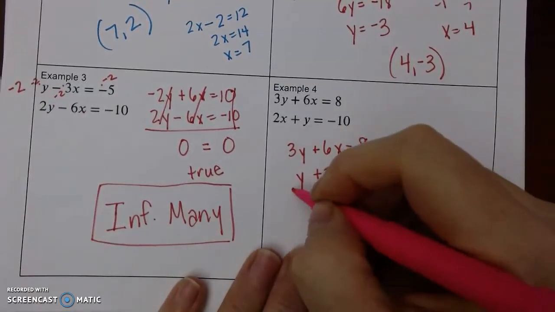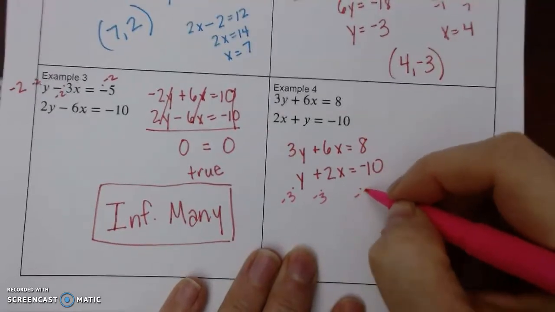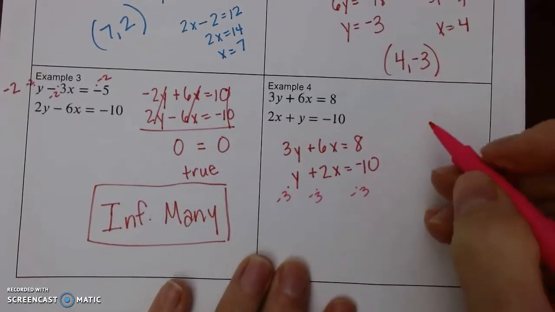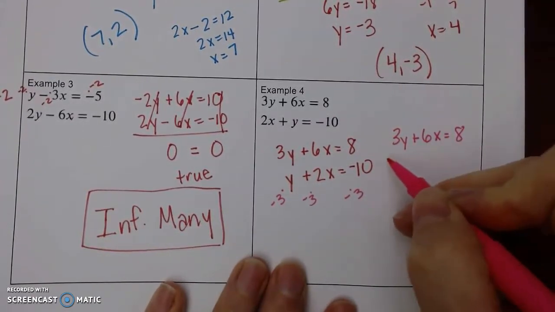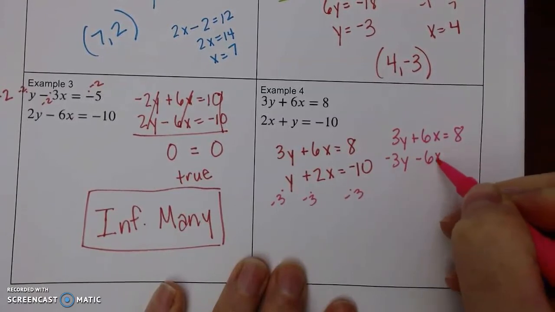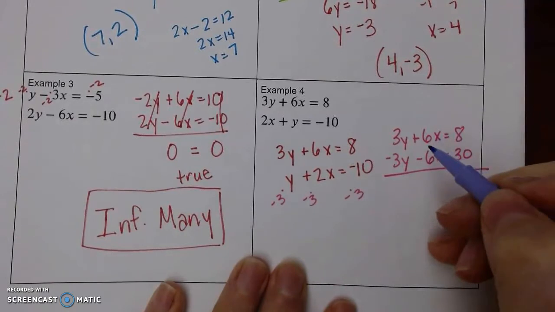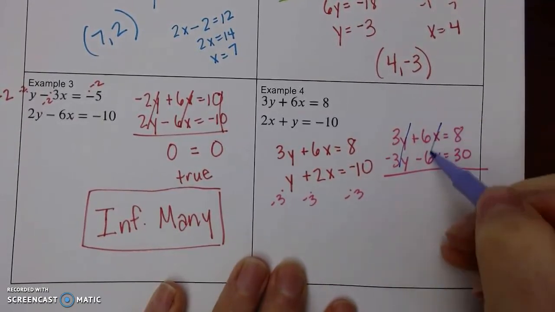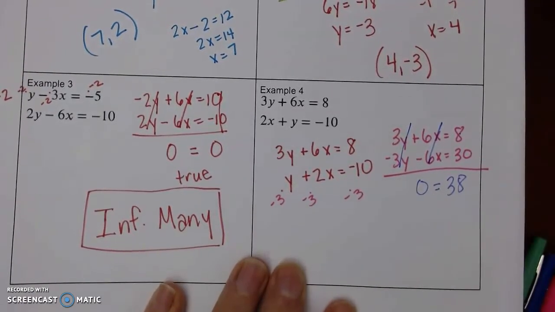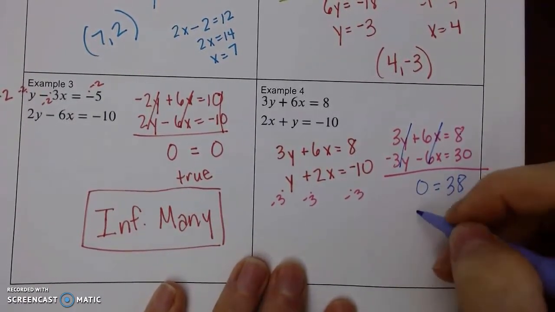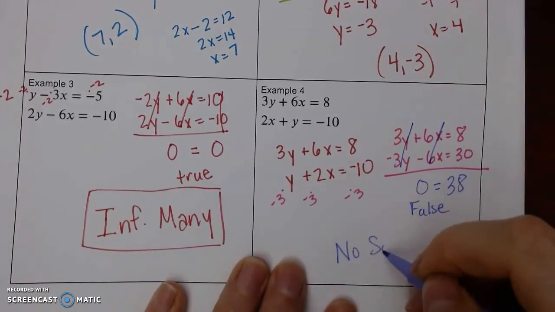I'm going to multiply everything by negative 3 because this is positive 3. We'll add those together. Now that all my variables go away, this is false, which means these lines never intersect. They're actually parallel.